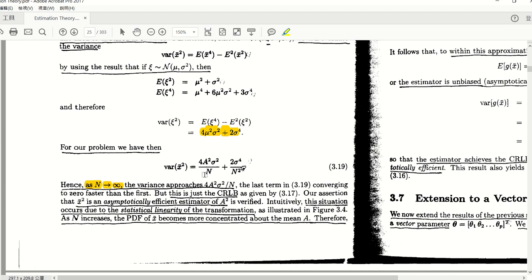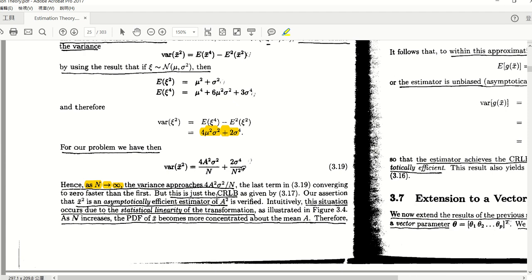Let's say you have 100, then this will be 100 squared, which is 10 to the 4. If this is 1,000, this will be 10 to the 6. That's a large number. So this term disappears very fast. As a result, we will say the variance approaches this term because the other disappears very fast. The last term goes to 0 faster than the first.